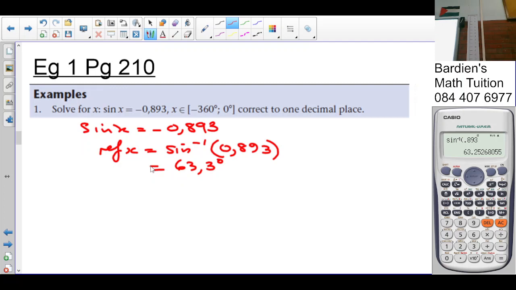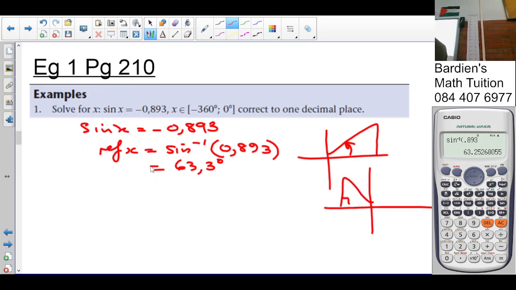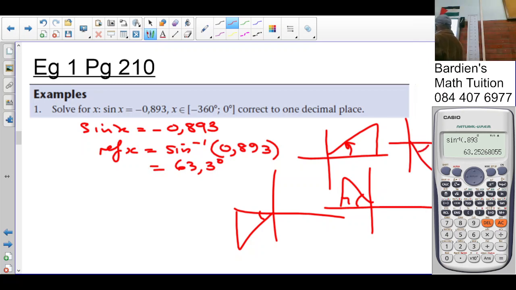If it is in the first quadrant, then it's just that angle theta. If it's in the second quadrant, it will be 180 minus theta.